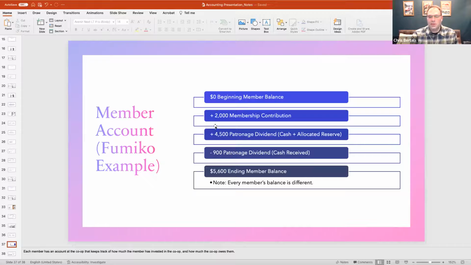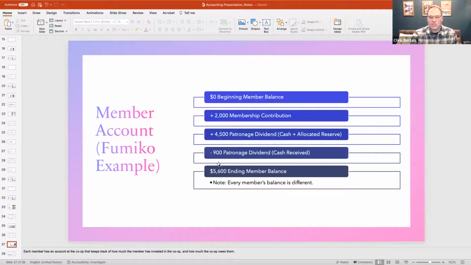As a consequence, they still owe her $3,600. Since she already paid tax on that, this is a special rule for co-ops. When she gets that $3,600, which is the net of these numbers, she's not going to pay any tax because she already paid tax on it.